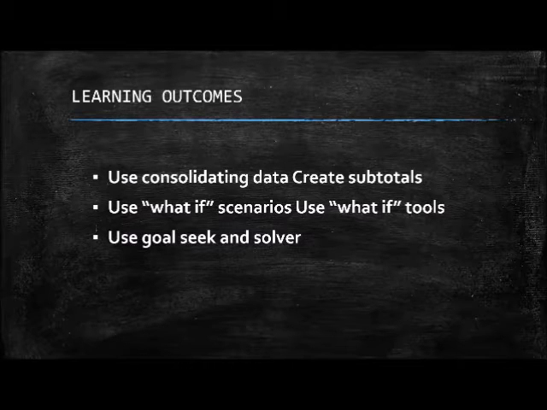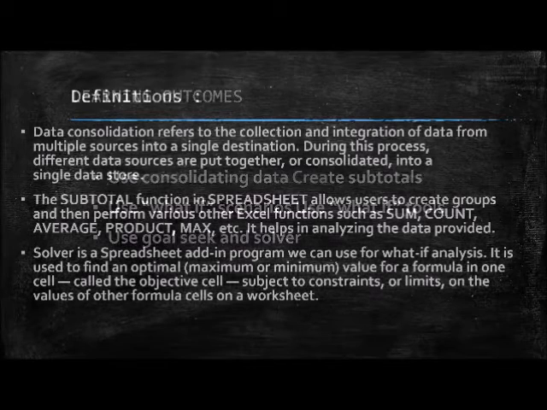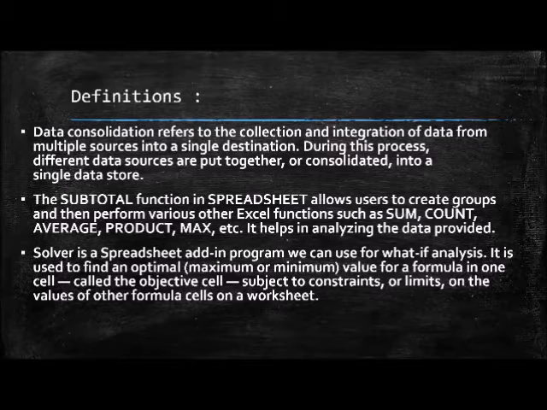Now we will understand all these concepts theoretically first, and then we will be doing their practicals in the coming sessions. First of all, consolidate means to combine a number of things into a single unit.